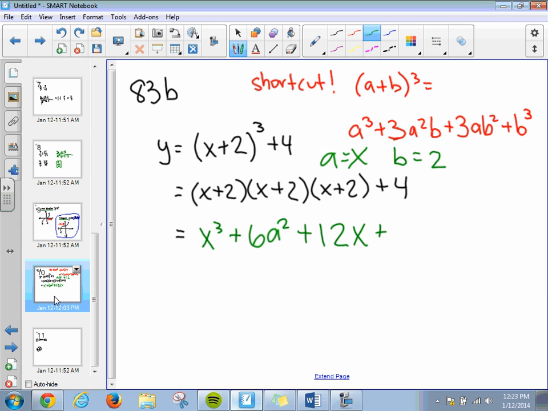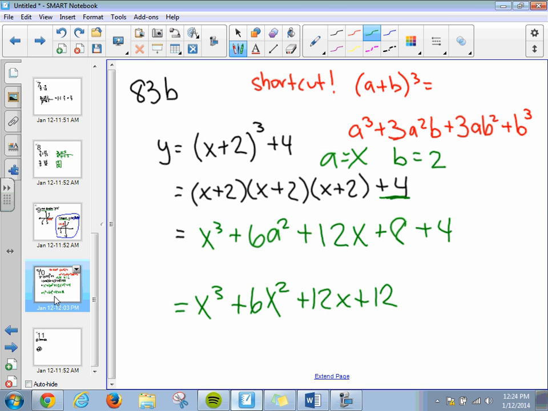And then we do b to the third, which we know will be 2 to the third, which is 8. And then don't forget about that plus 4 at the end. We'll combine our like terms. We'll have x to the third plus 6x squared, plus 12x plus 12.